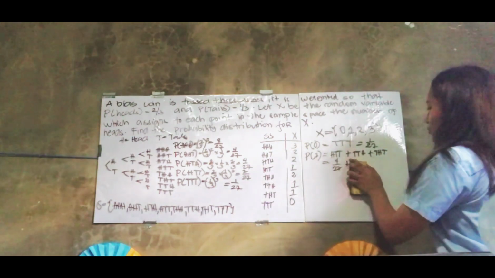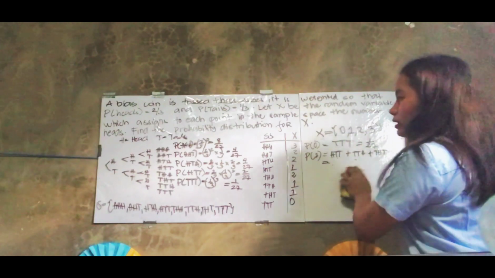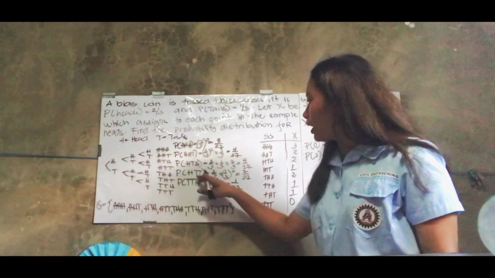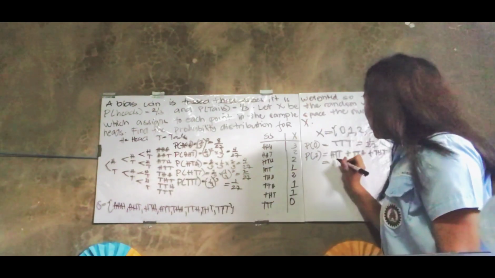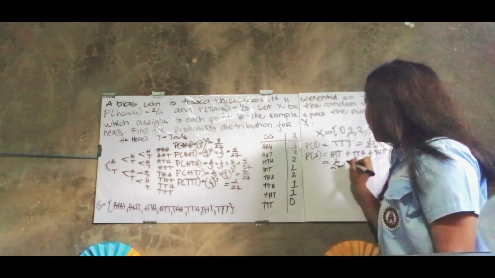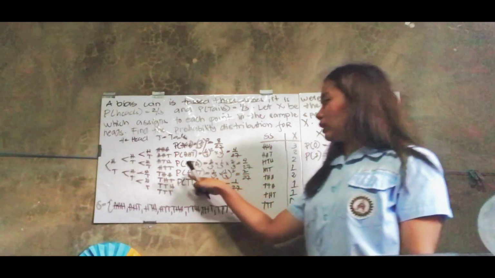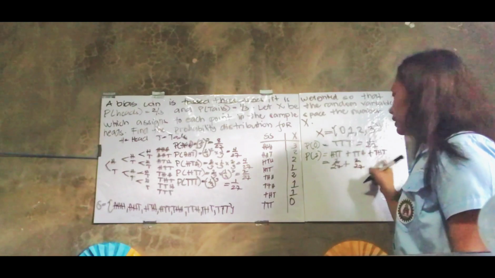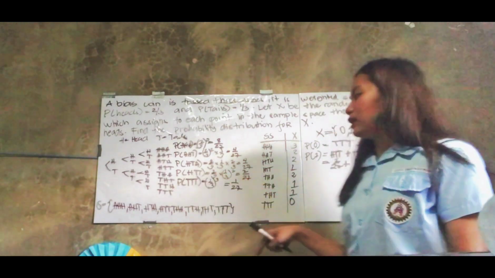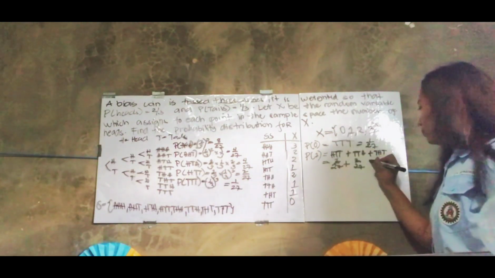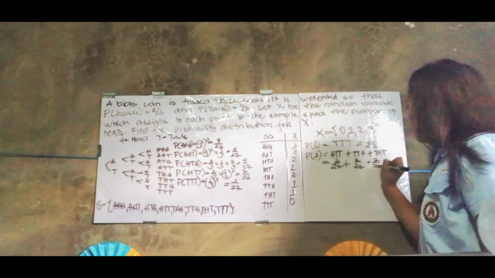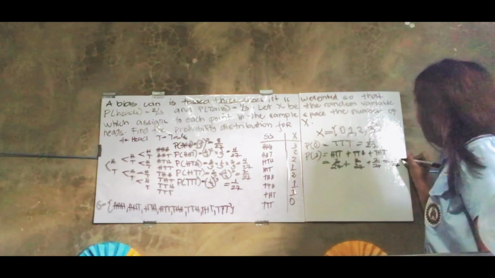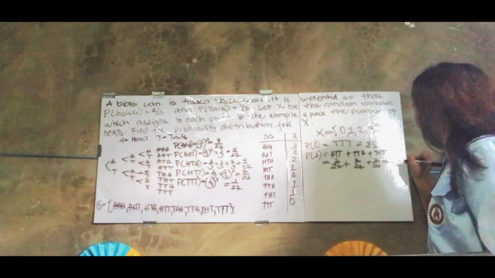HTT is equal to 2 over 27, plus TTH, which is just HTT reversed, so another 2 over 27, plus THT, also the same, 2 over 27. Altogether that is equal to 6 over 27, or 2 over 9.